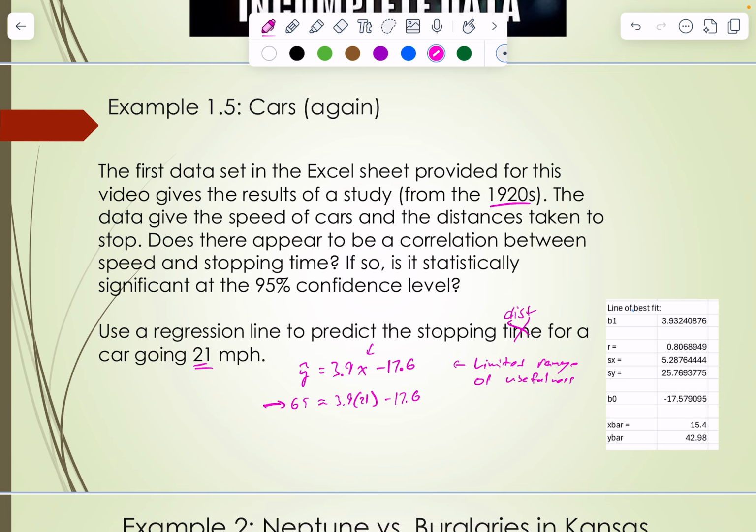Because if you were going 4 miles an hour, it doesn't make sense that it'll take you a negative distance to stop.